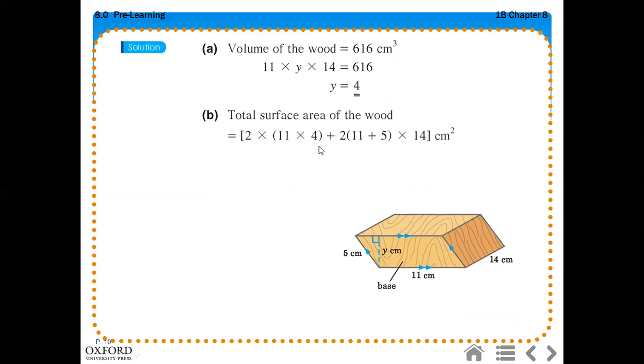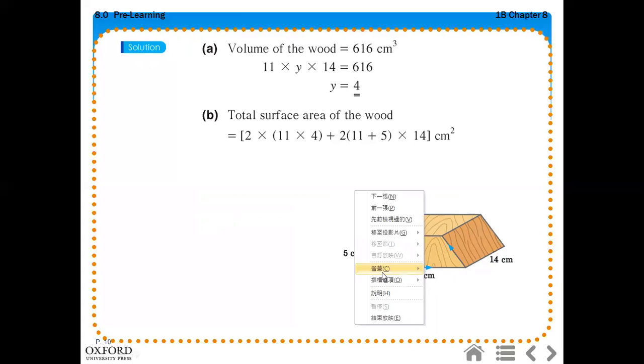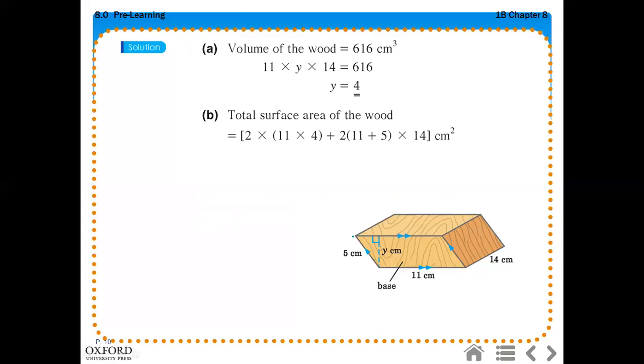Then for total surface area, 2 bases, the front and the back, 4 lateral sides. This is the first, second, third, and fourth. So area of each one times 14, okay? So this times 14 and that times 14. So finally it is these 4 sides summed up times 14. Then therefore you find the total surface area.